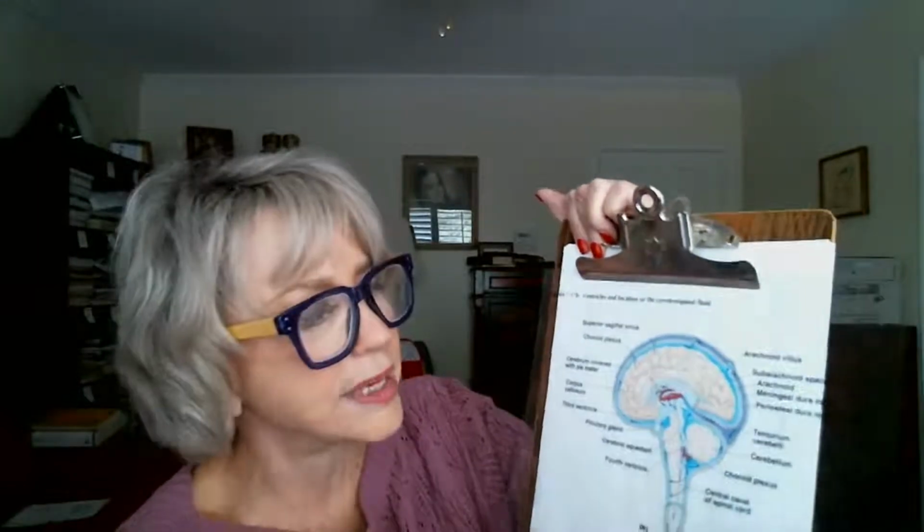And this one has one in your textbook very similar, but it's more dramatically illustrated here, showing you that choroid plexus. Remember, it has those ependymal cells that extract from the plasma the cerebral spinal fluid, which doesn't have certain amino acids and certain hormones which could do damage to the brain.